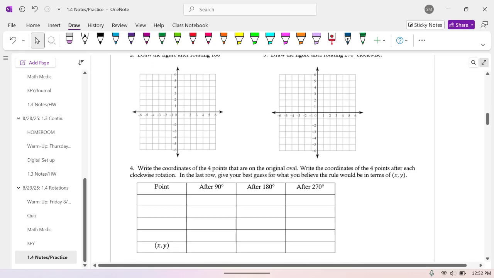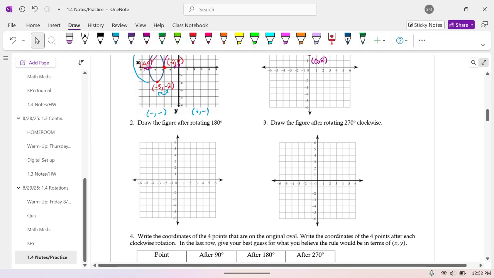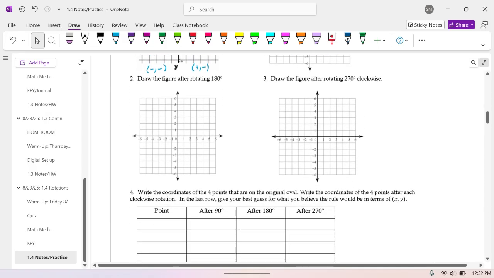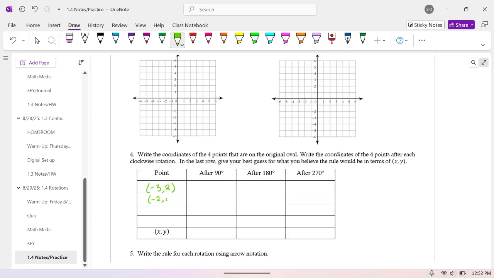Now, it's asking us to plot out the points. So I'm just going to rewrite basically what I wrote up top. So the original points were -3, 2, -2, 0, 3, 2, and then -4, 0.